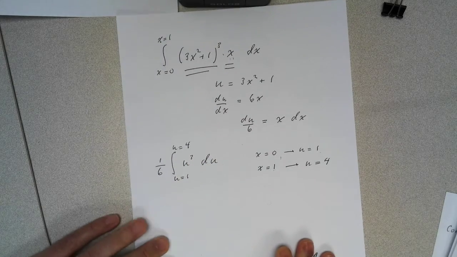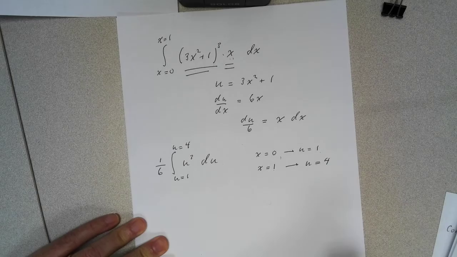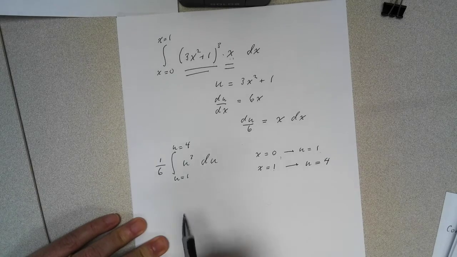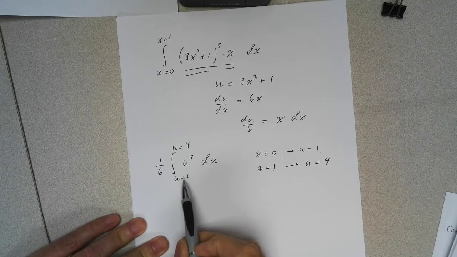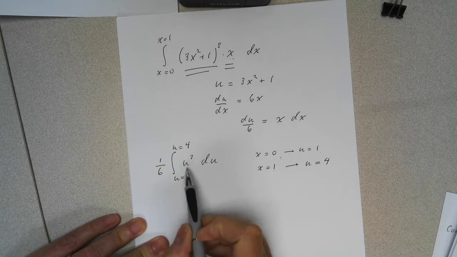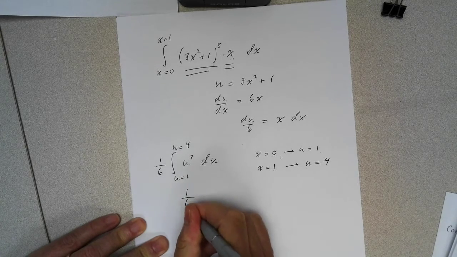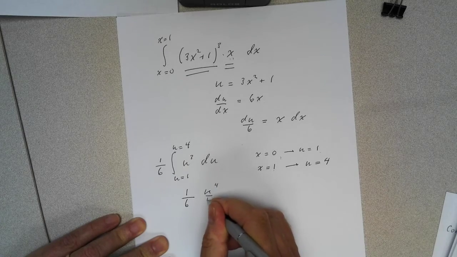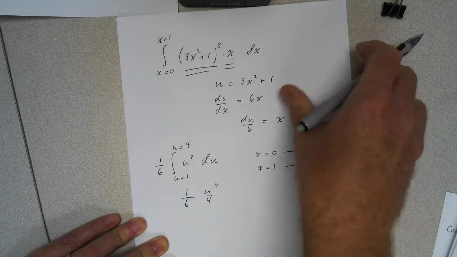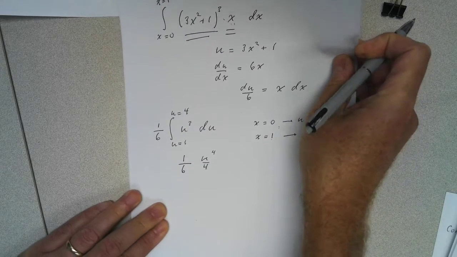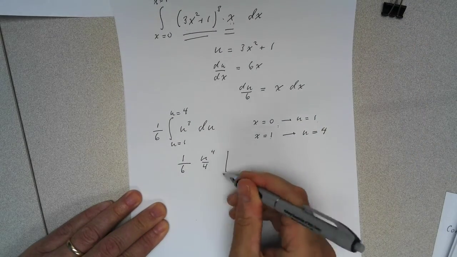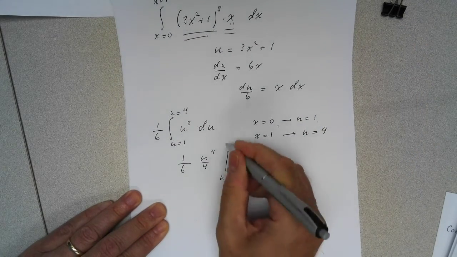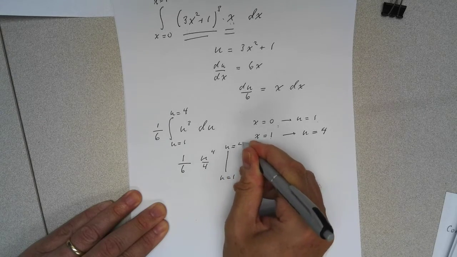The difference between this approach and back substituting after anti-differentiation is that I won't have to back substitute here. Let's simply compute the antiderivative. 1/6. Using the power rule, we'd have u to the fourth over 4. And we would evaluate that at u equals 1 and u equals 4.